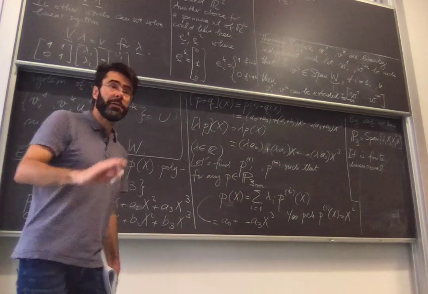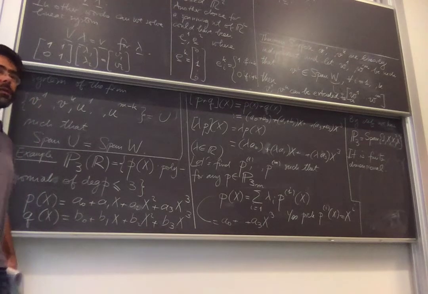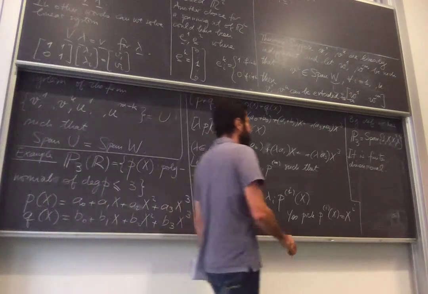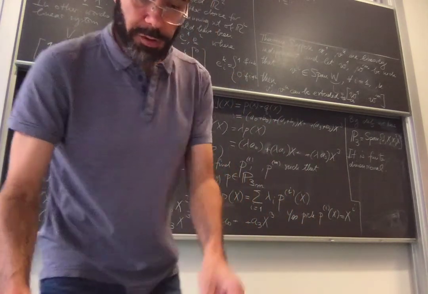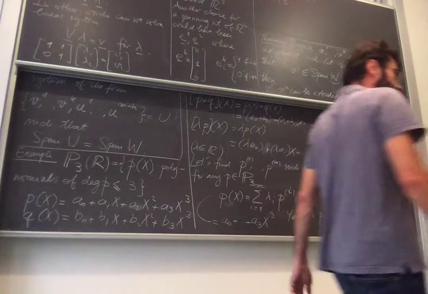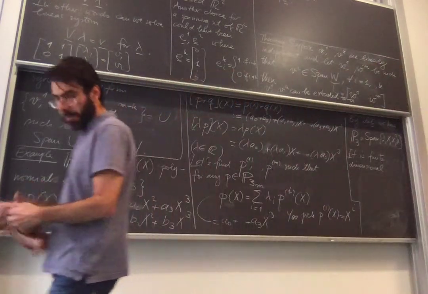Okay, let's see an example of something that is not finite dimensional. Okay, so let's consider the set of polynomials of any degree. Okay, I'm not going to put any bound on the degree.